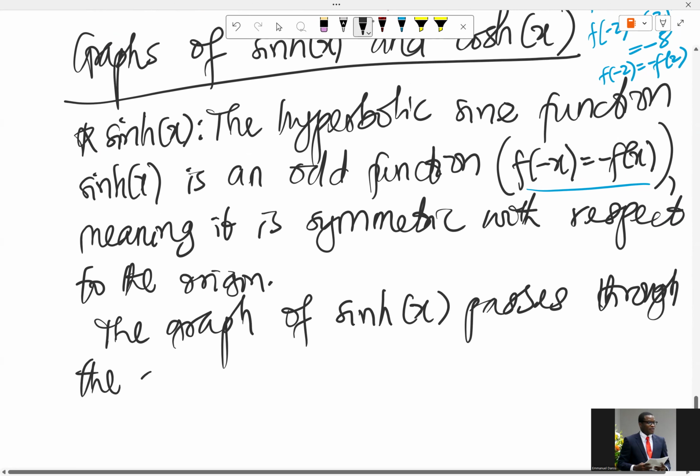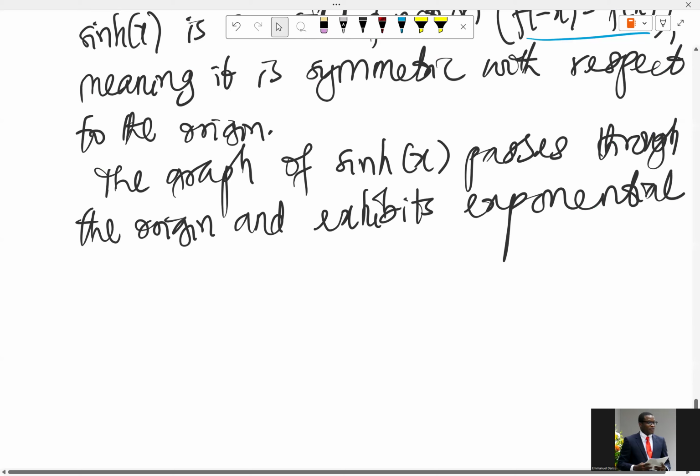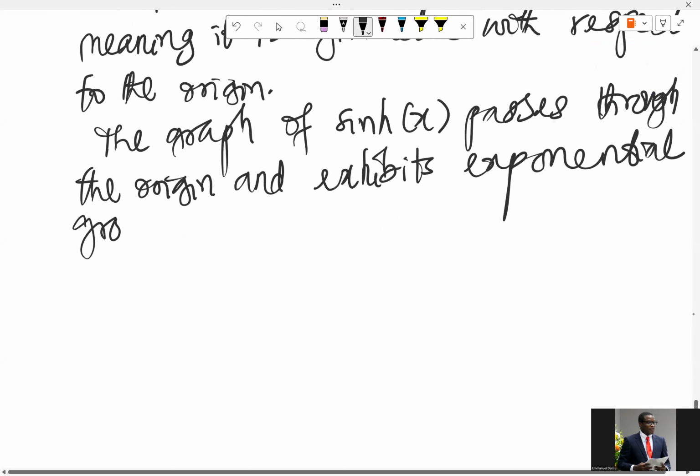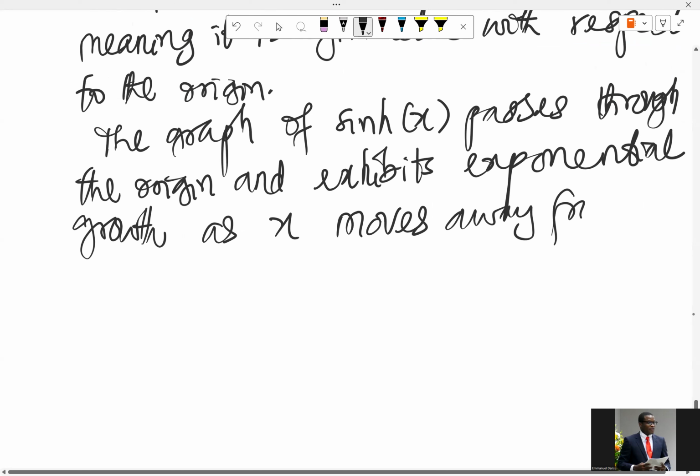The graph of sinh x passes through the origin and exhibits exponential growth as x moves away from 0.